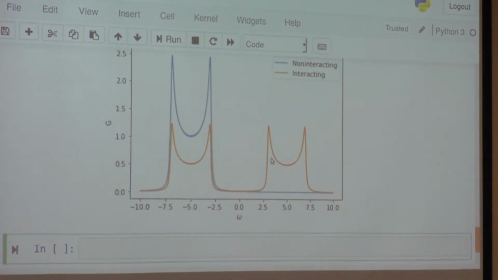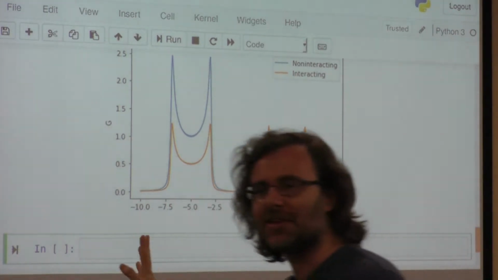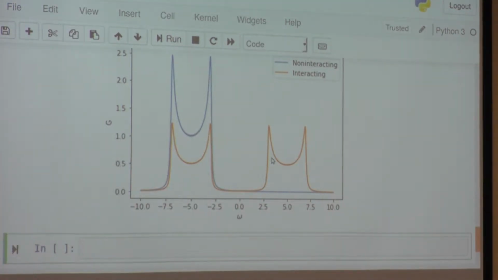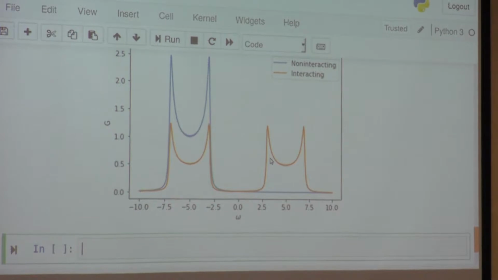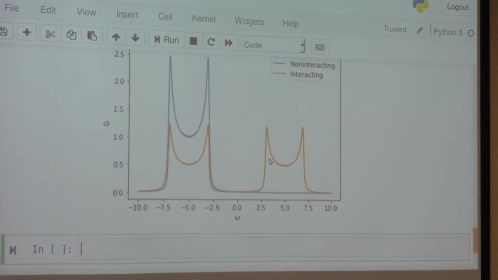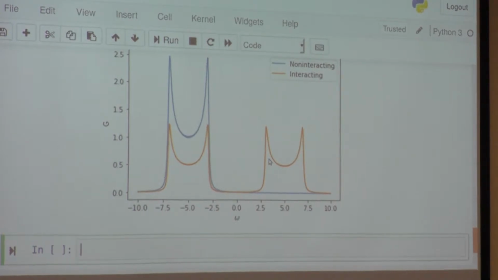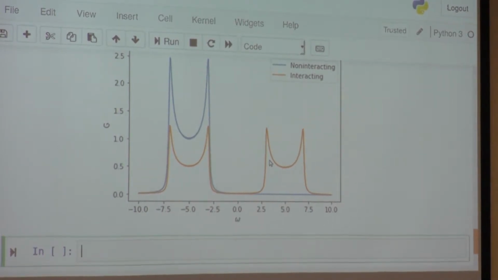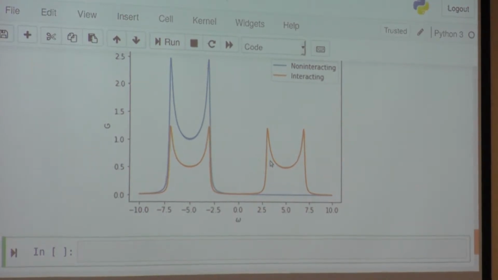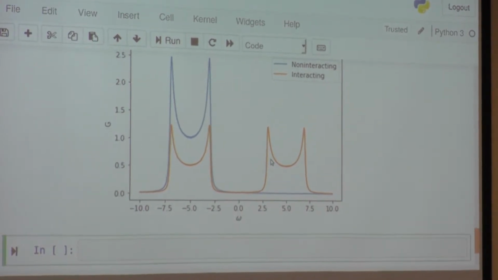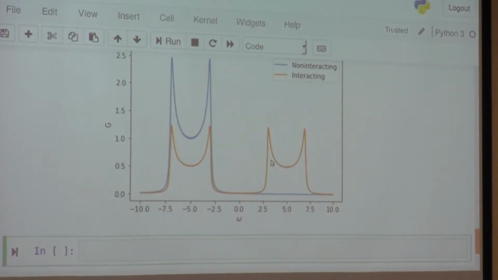I want you to take two things from this calculation, and once again, I will give you this code to play with. Number one, despite all the big equations, this is super easy. You calculate a non-interacting Green's function, which is essentially diagonalizing a matrix and inverting another matrix. Then you stick in a self-energy. In our case, I guessed the self-energy.